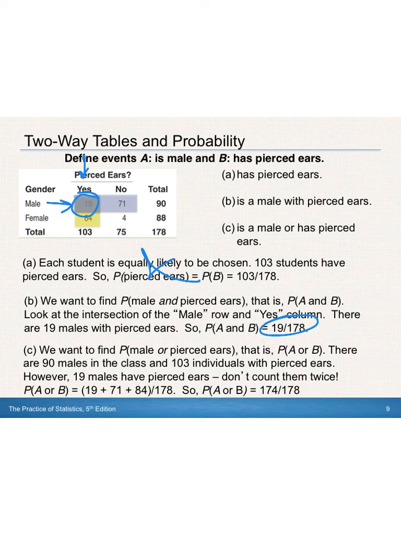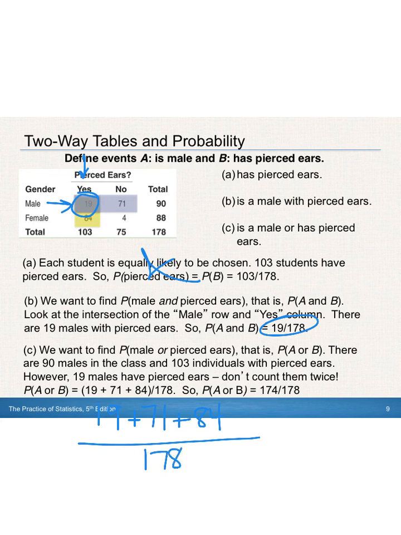So here we go. And if we want to find the males or the pierced ears, that's when we're going to have to start looking at the females as well. So we've got 19 males. There's a couple of different ways of calculating this. You could look at the 19 males with pierced ears and the 71 males that don't have pierced ears and add the pierced ears of females, and then that's out of the 178 people as well.